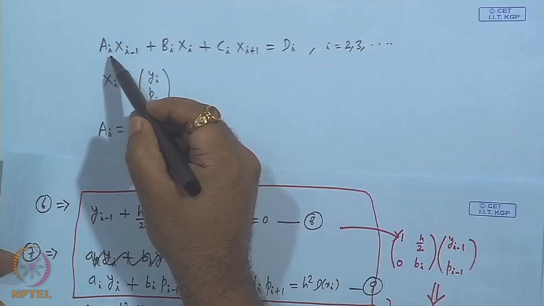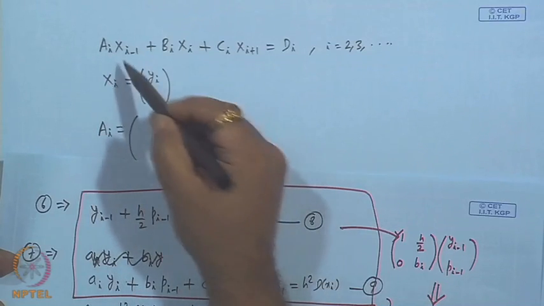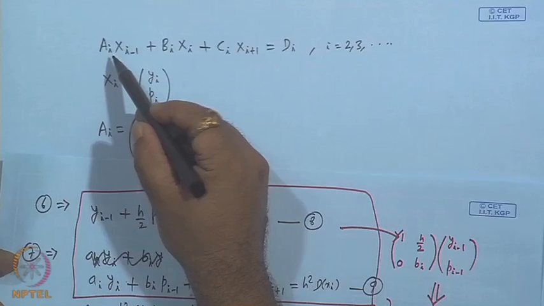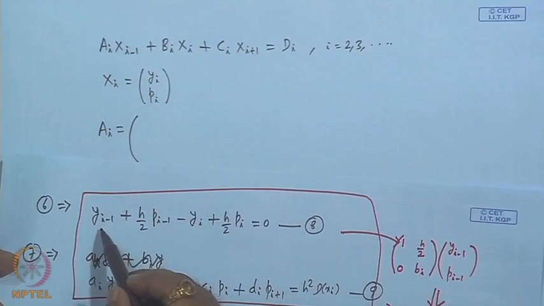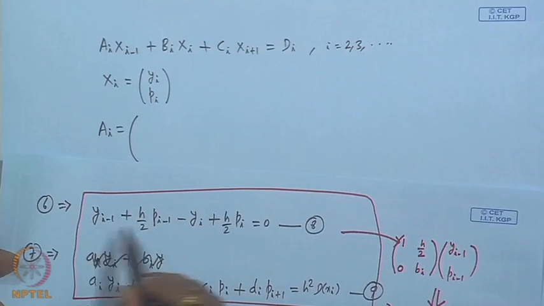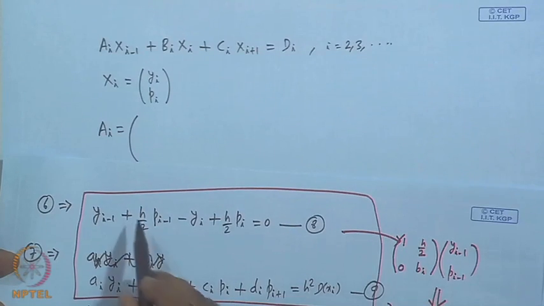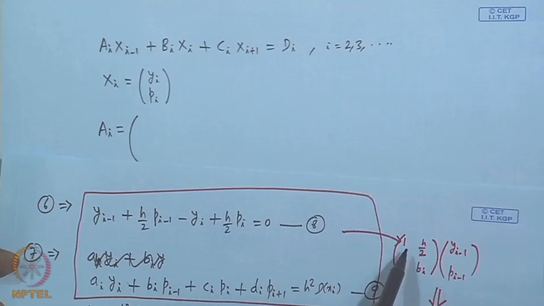So, we need the coefficient matrix A I for this. Okay. So, what should be A I? The coefficients coming from first equation, the corresponding coefficients from second equation. Which already we have written down, look at it.